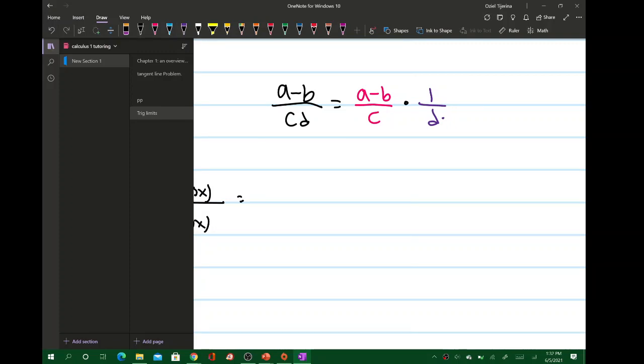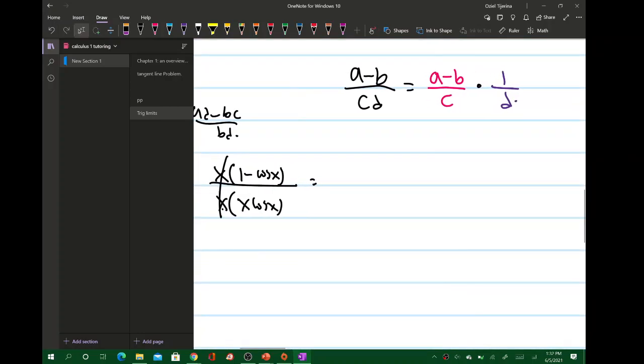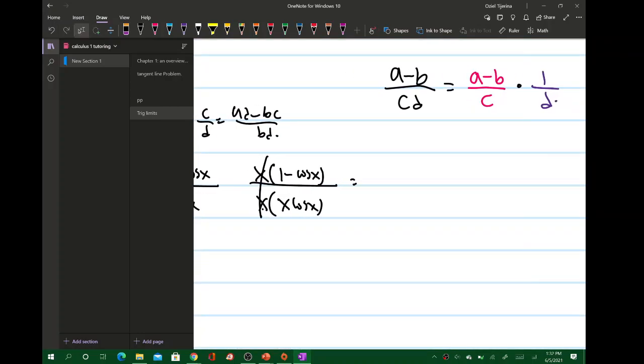I know it's a little bit weird, but trust me, it works. So here we can say this is equal to 1 minus cosine x over x times 1 over cosine x.